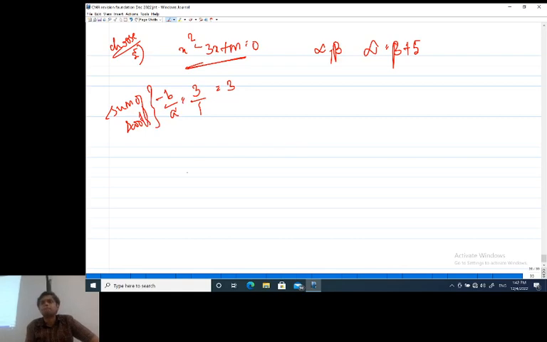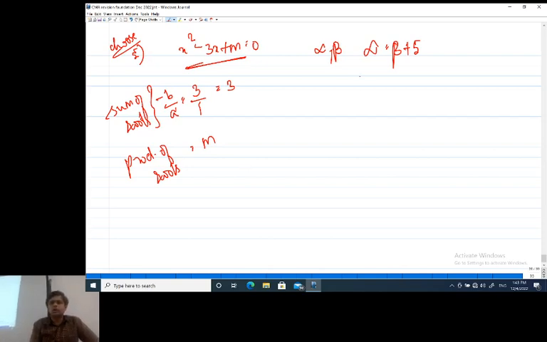What is the product of roots? m. Just m. Product of roots is c by a. Sum of roots is minus b by a. Only for b will there always be a minus. If you look at the formula, it is minus b. Okay? Clear till here?